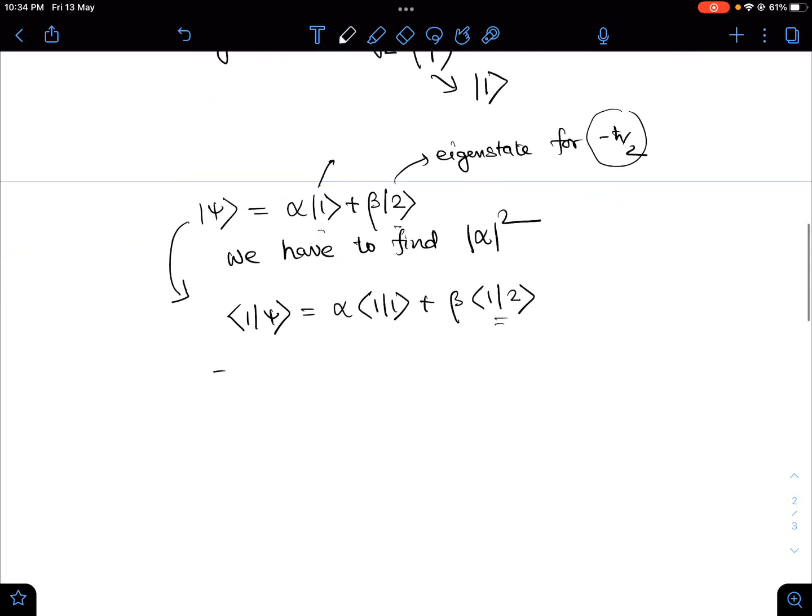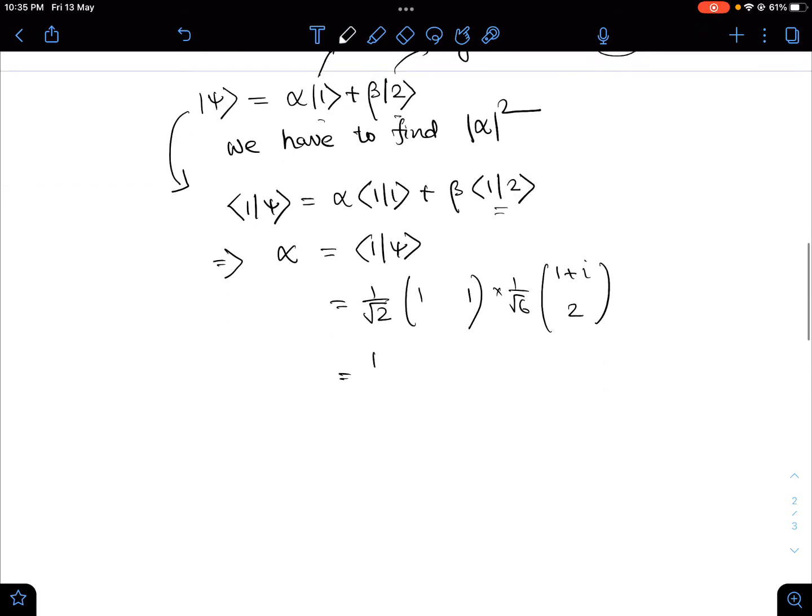So from here we can calculate alpha to be <1|psi>, and |1> is given as 1 by root 2 (1, 1), and our psi is 1 by root 6 (1 plus i, 2).